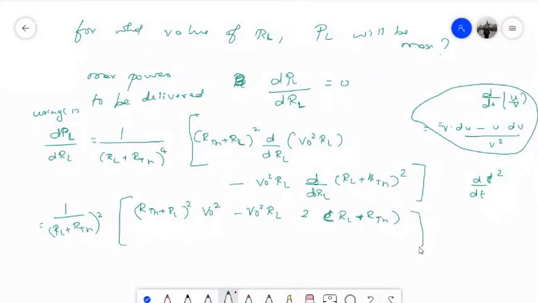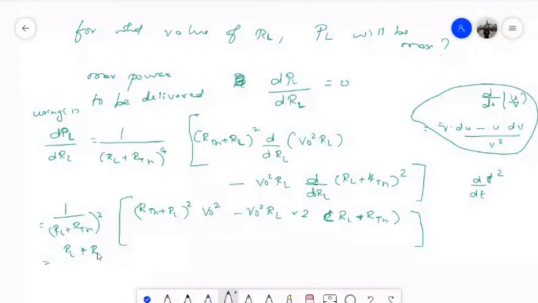So further simplifying this, you can take this RL plus RTH outside. Already you have RL plus RTH the whole cube.